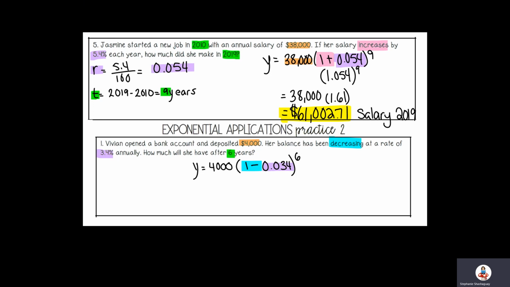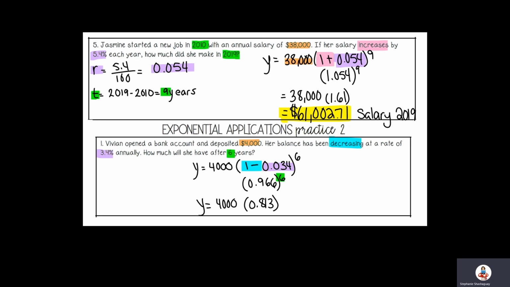So 1 minus 0.034 is going to be 0.966 raised to the 6th power, which is 0.813, and I'm going to multiply that by 4,000.